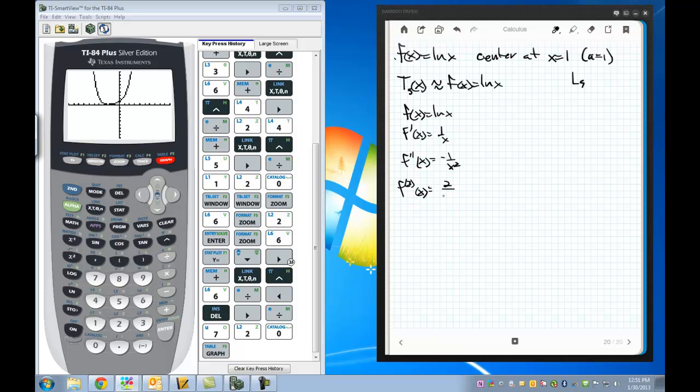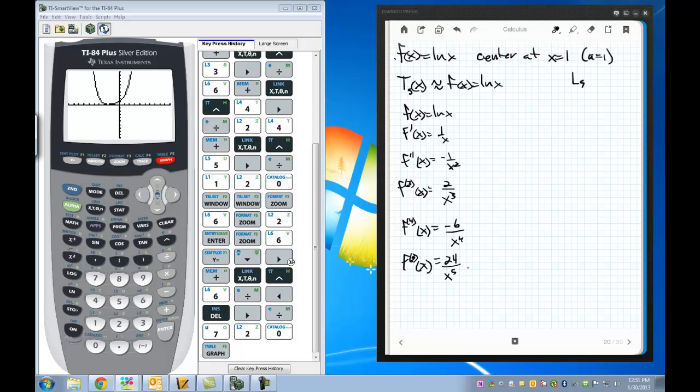Positive 2 divided by x cubed. Do you agree with that? I'll buy that. The fourth derivative is equal to negative 6 divided by x to the 4th, right? You see how I'm doing this? Just traipsing on through.